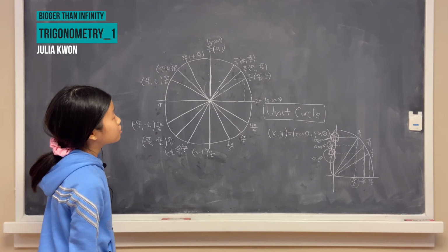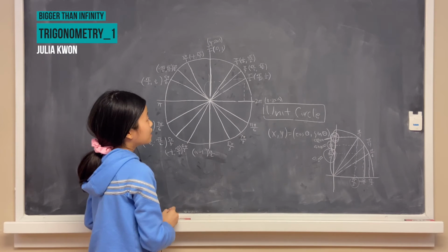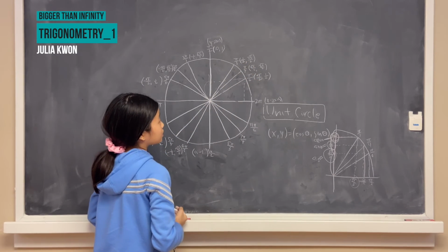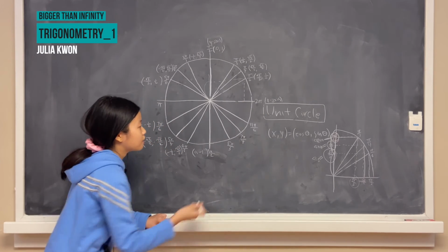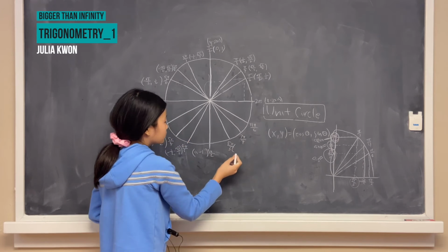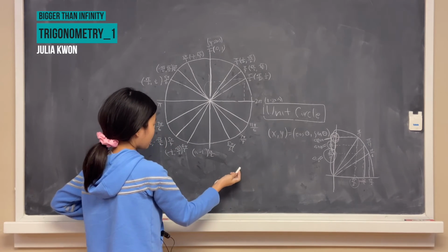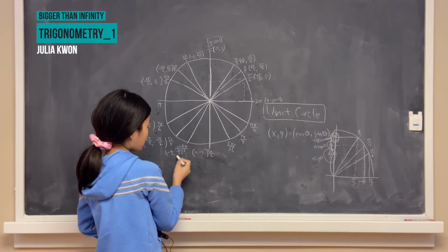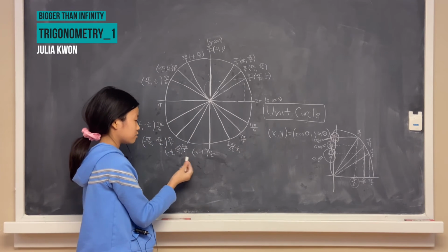But if we were to copy from the first quadrant, then we would just have to change the values of the sine theta to all negatives. And we'll still get the same value, so I'll do that. So for the radian 5 pi over 3, we would get positive 1/2 and negative square root of 3 over 2.